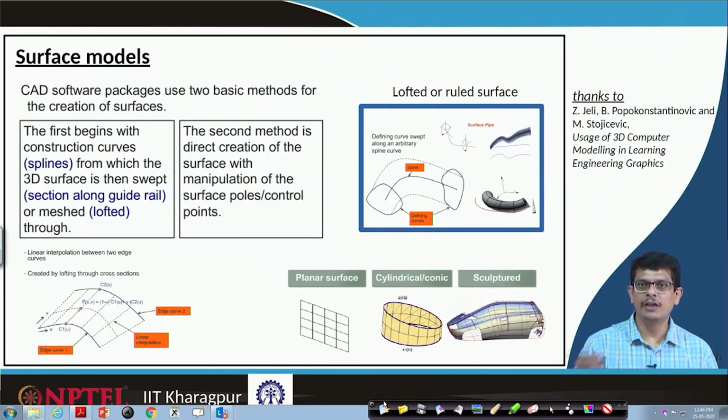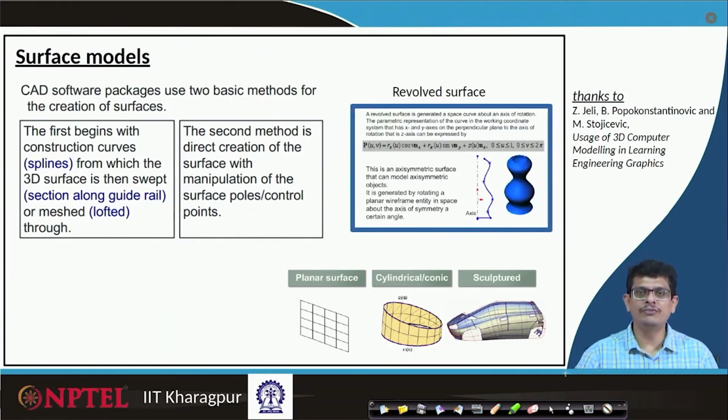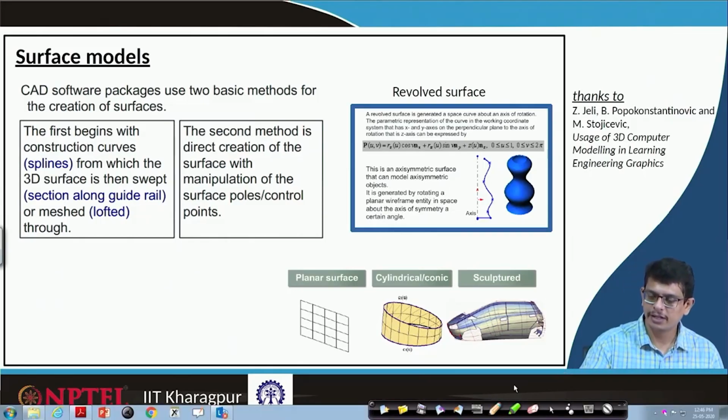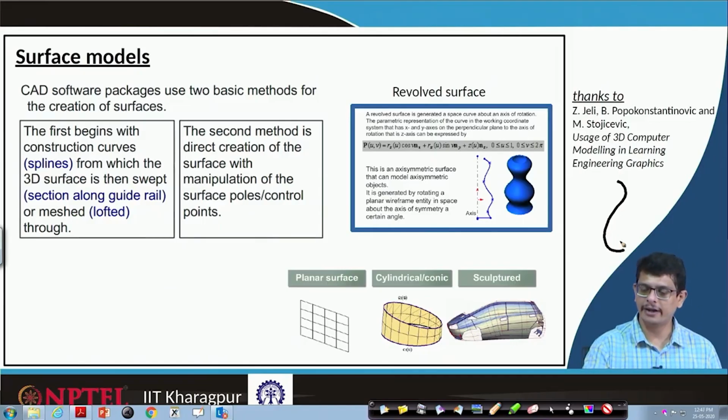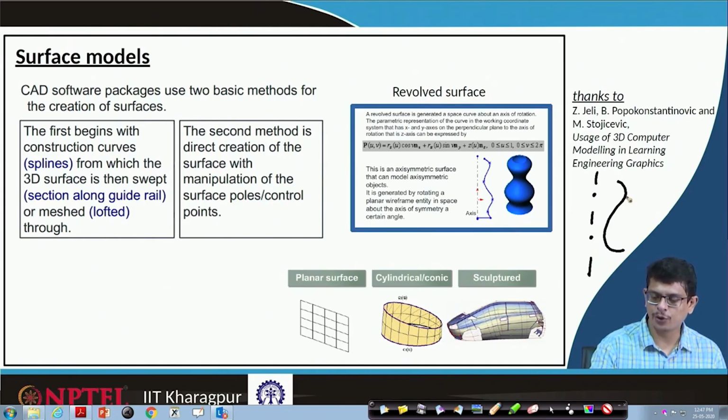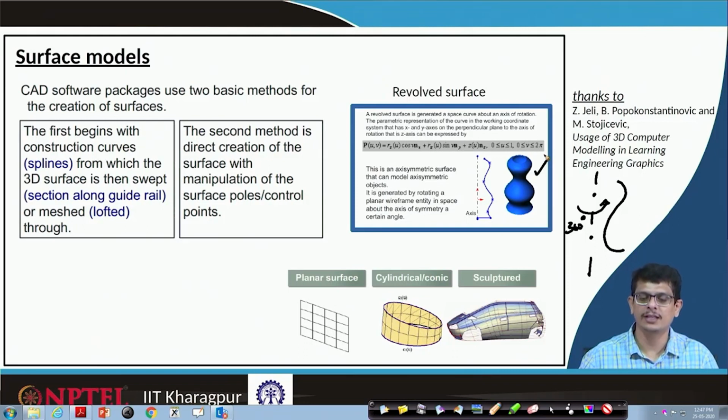For example, if I have a circle around a certain axis and I am moving it, maybe I might get a tube. The other way of looking at surfaces is revolved surfaces. For example, if I have some arbitrary curve and about an axis, if I revolve it by 360 degrees, perhaps I might get one particular shape.